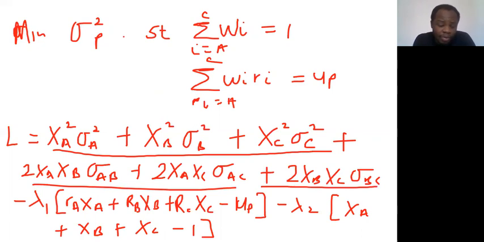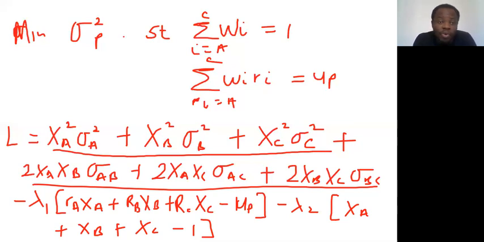It says the weight of A squared multiplied by the variance of A, plus the weight of B squared multiplied by the variance of B, plus the weight of C squared multiplied by the variance of C, plus 2xAxB multiplied by the covariance of A and B. So that expression, which I have underlined, represents the formula for the volatility of a portfolio. And we are now subjecting it to a constraint.